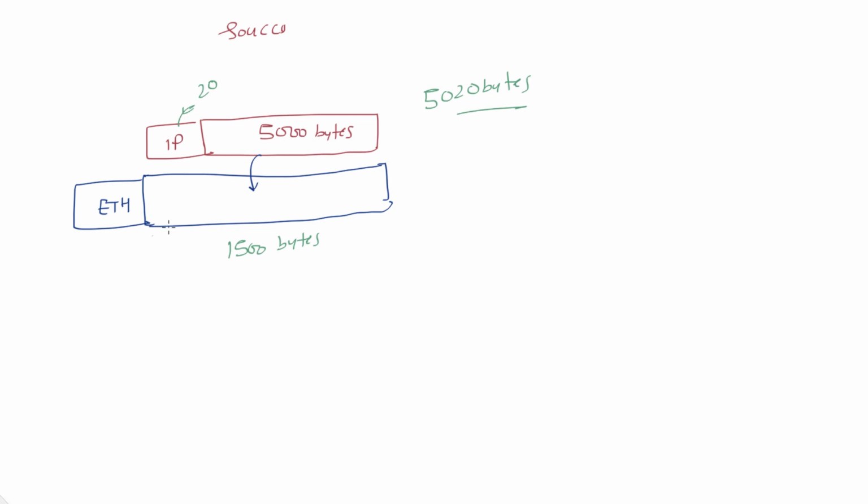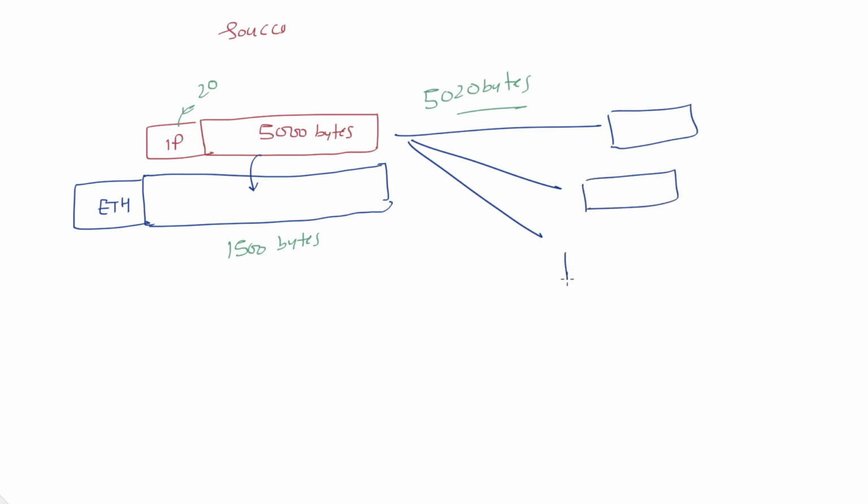Then what we need to do is part this data. The header will be kept as it is for every fragment. So we will be parting this data, and these are called fragments. This IP header will get glued to every fragment as it is, which is 20 bytes. So we will be parting this data into 480-byte pieces so that the total is 1500 only.